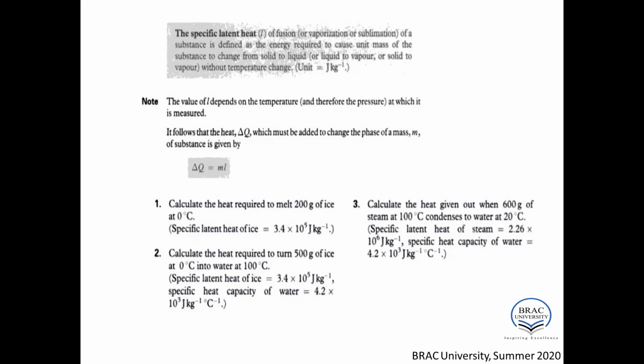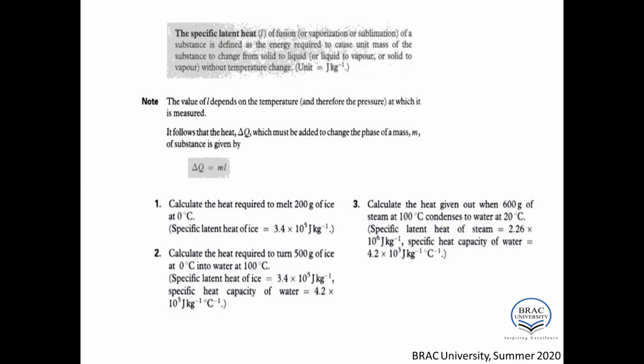The value of L depends on the temperature, and also on the pressure at which it is measured. It follows that the heat del Q that must be added to change the phase of a mass m of substance is given by del Q equal to mL.